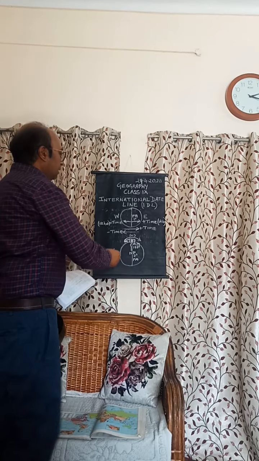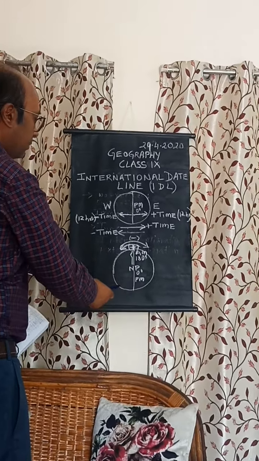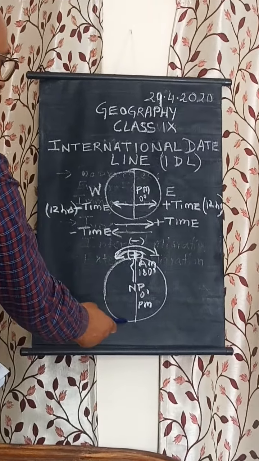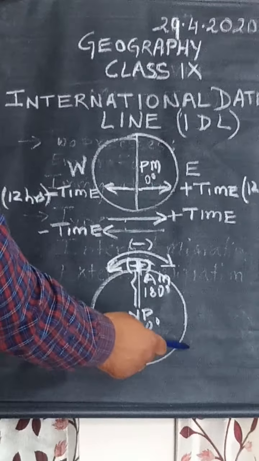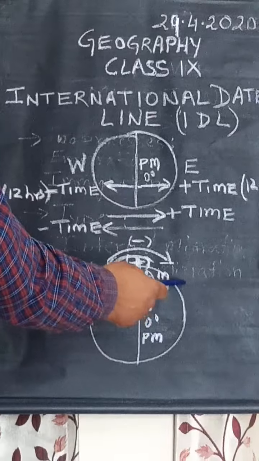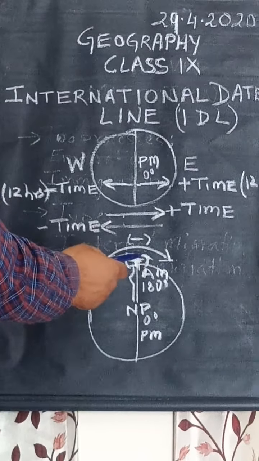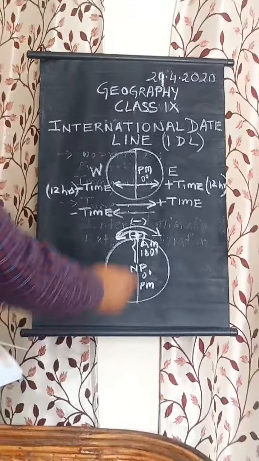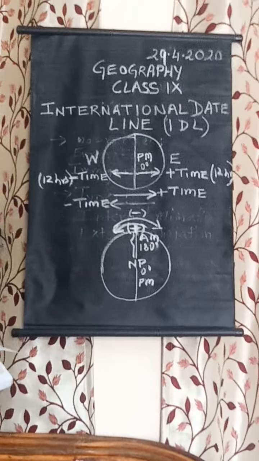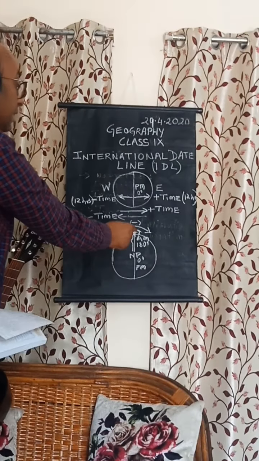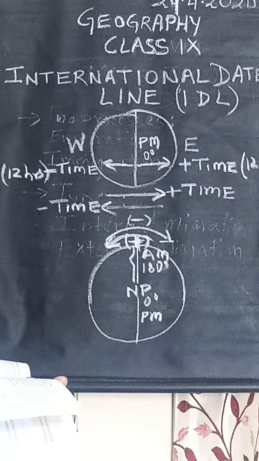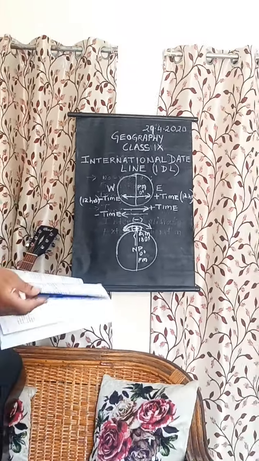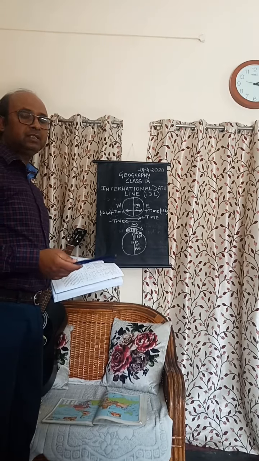Okay. Now just imagine, suppose a traveler from the prime meridian travels eastward, and he is going to cross the international date line and go to the west side. He will gain time. This is plus over here. He will gain time of 24 hours. That means a full day is gained.